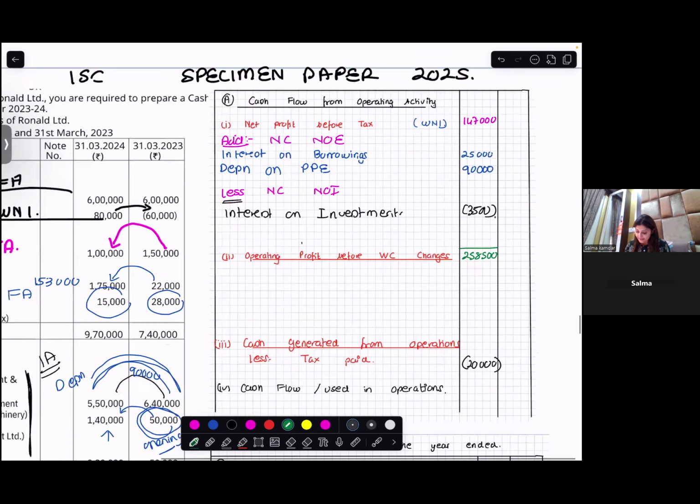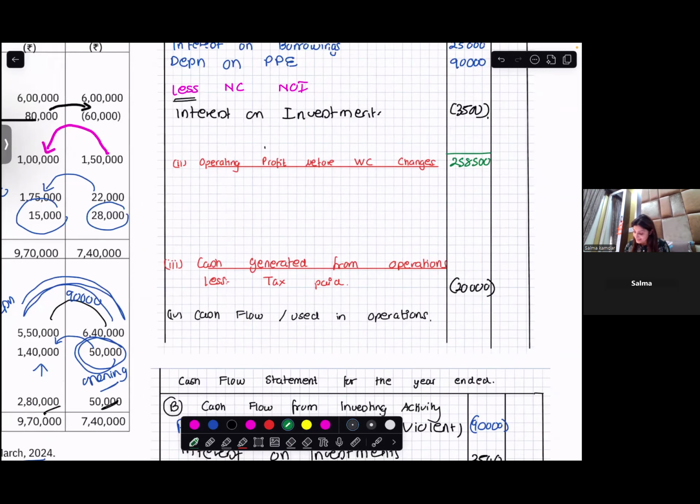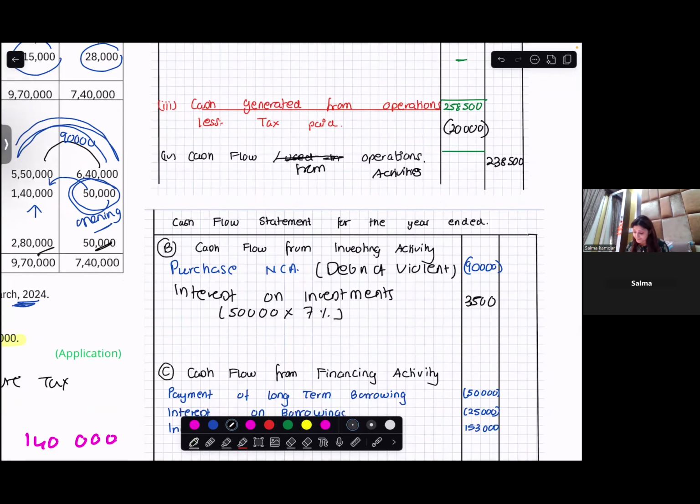There are no current assets, that is working capital, given for me except cash and bank. So this would become again my cash generated from operations. From that I minus my tax paid. I have cash flow from operating activities, which is 238,500. I will not draw a line because I'm going to use this.